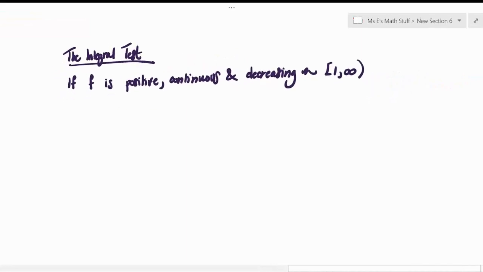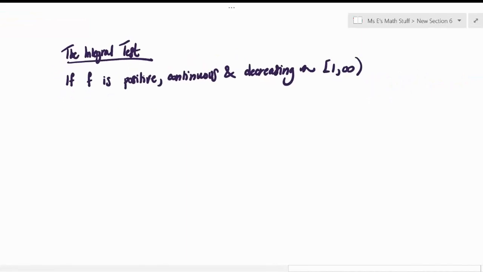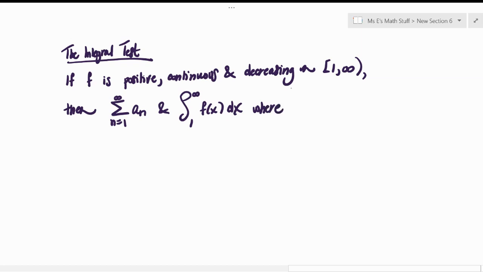Okay, if you're dealing with a function rule that satisfies those three things, then consider the sum as n goes from 1 to infinity of a sub n and the integral from 1 to infinity of f of x dx, where a sub n would be f of n.